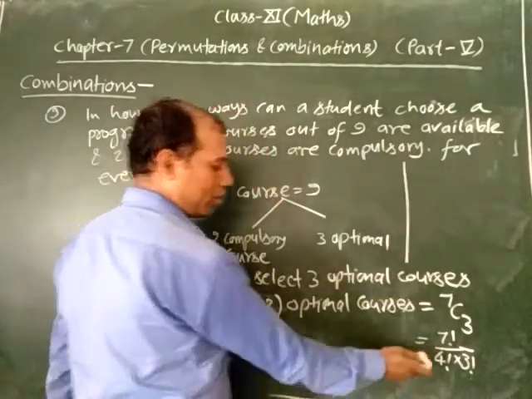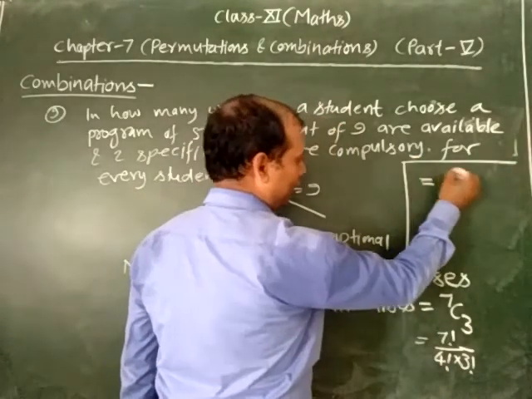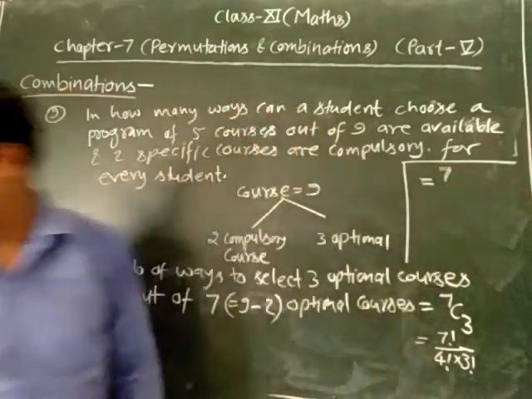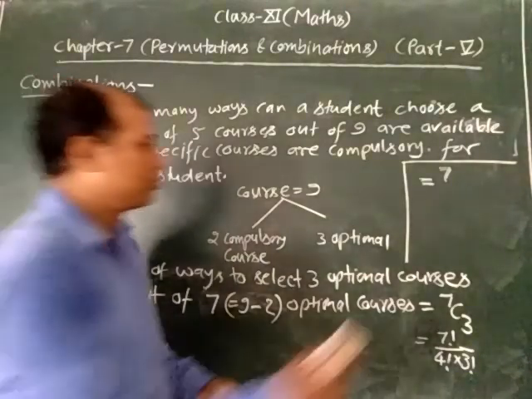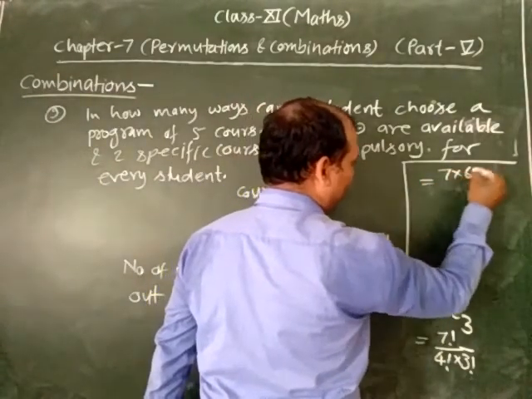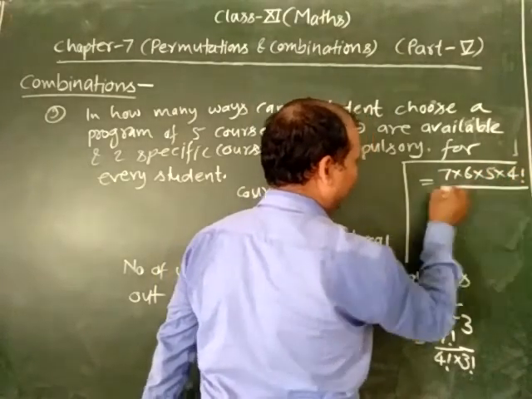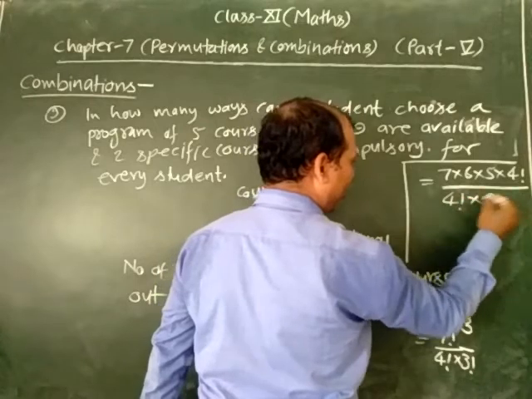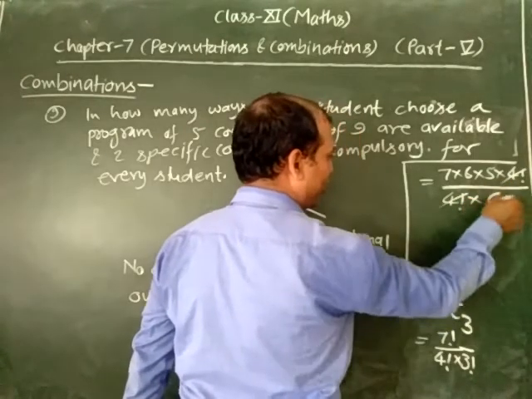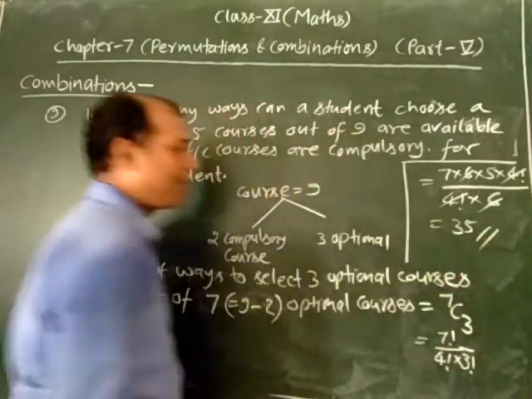Then this is equal to 7 into 6 into 5 into factorial 4 by factorial 4 into 6. This is cancelled out with this. This is by this. So there are 35 ways.